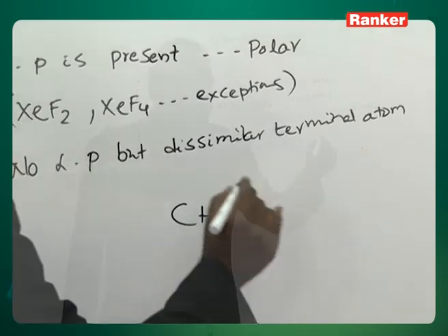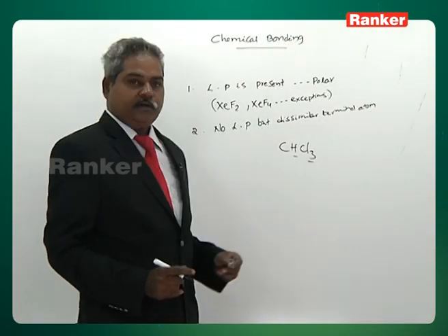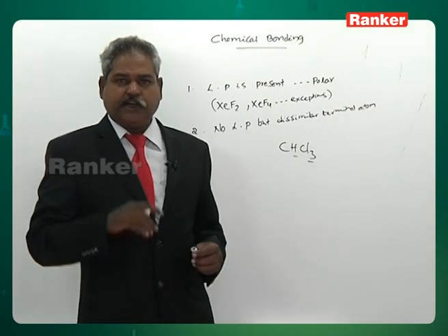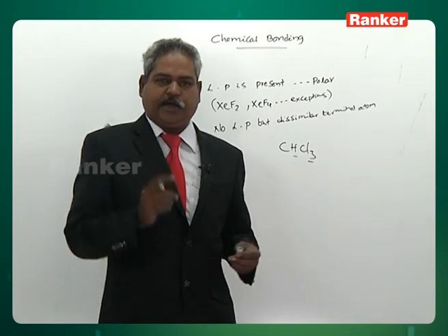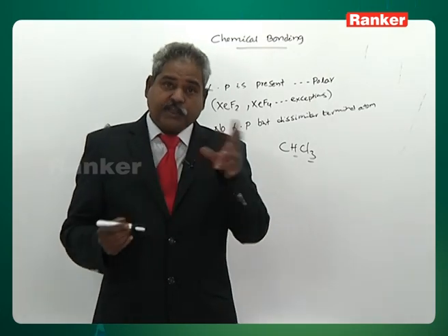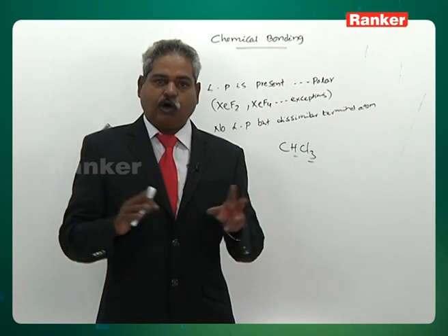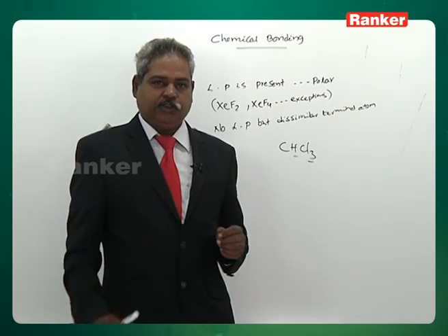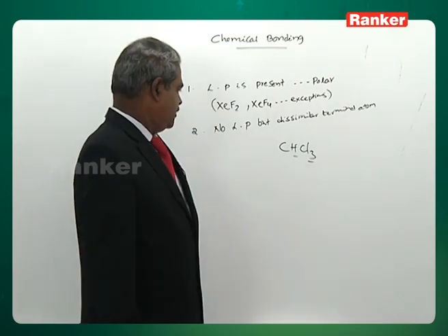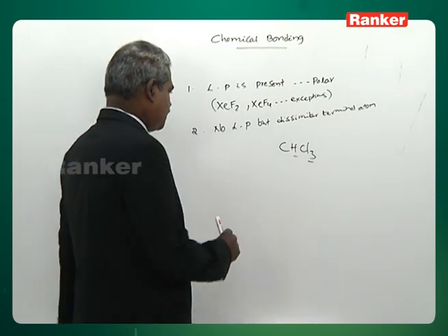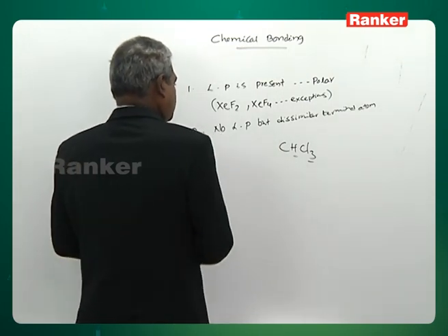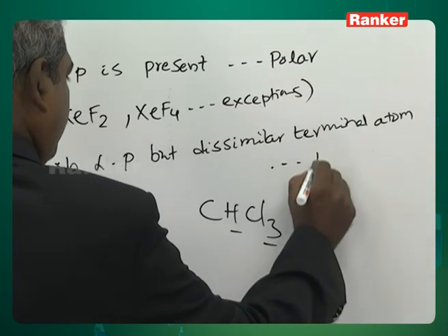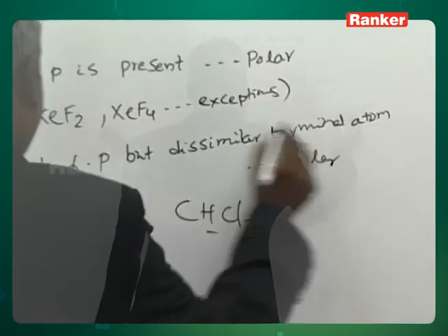You have 1 hydrogen and 3 chlorines, they are not similar. So, whenever there is something dissimilar, that itself is polarity. Polarity means opposing nature. 2 poles, 2 opposite natures. Polarity means dissimilarity. So CHCl3 is also polar. So, the first 2 cases are polar.